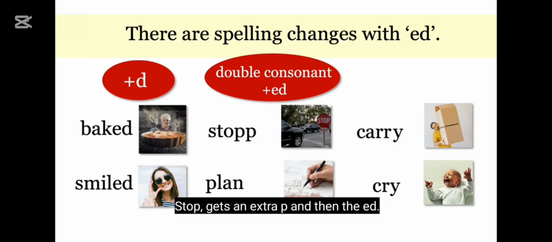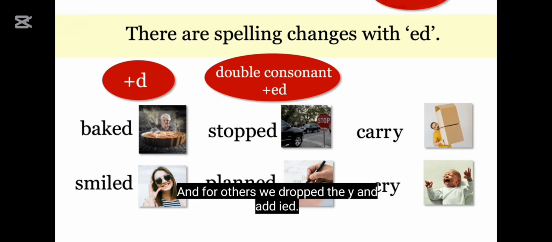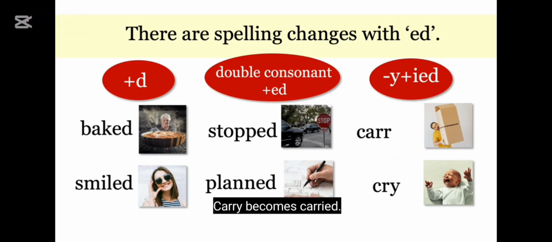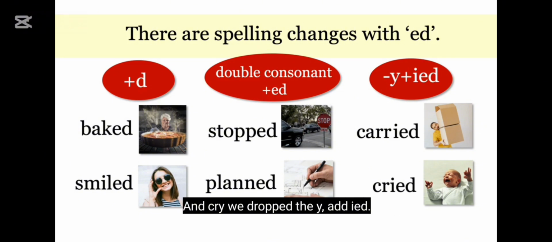Stop gets an extra p and then the ed. Plan gets another n and then an ed. And for others, we drop the y and add ied. Carry becomes carried, and cry, we drop the y, add ied.